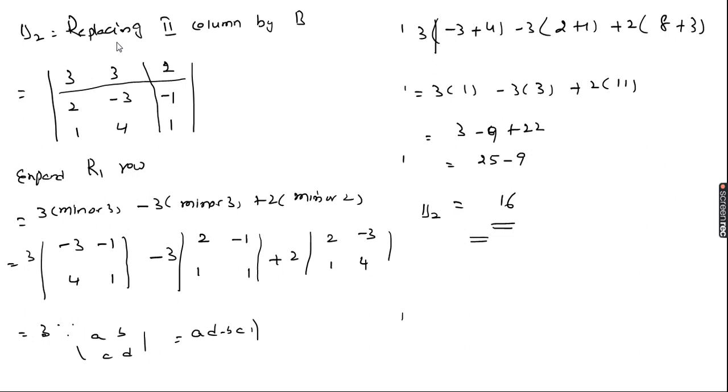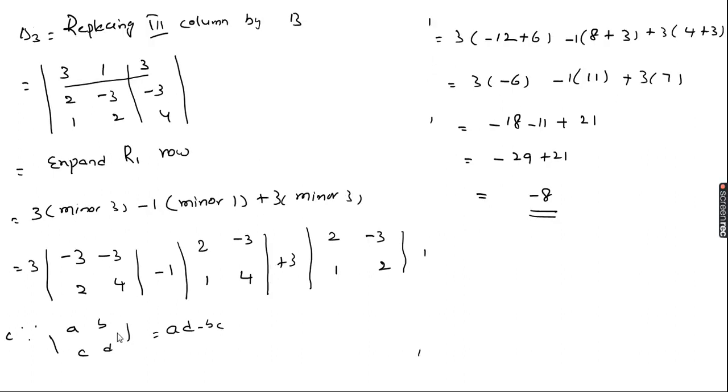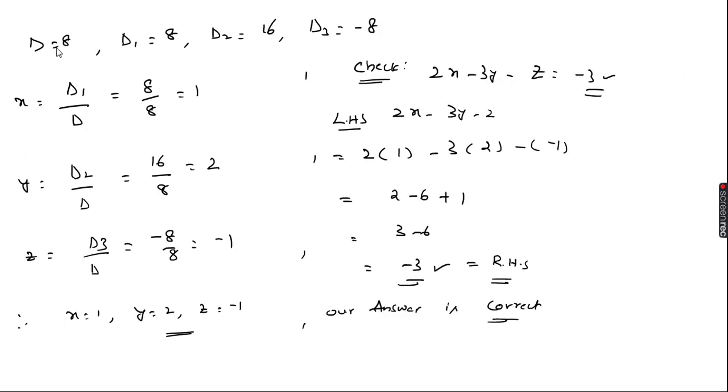And delta 2, replacing the second column by B, that is 3, minus 3, 4 in the second column. And next, delta 3, replacing the third column by B, we get minus 8. Finally delta equal to 8, delta 1 equal to 8, delta 2 equal to 16, delta 3 equal to minus 8.